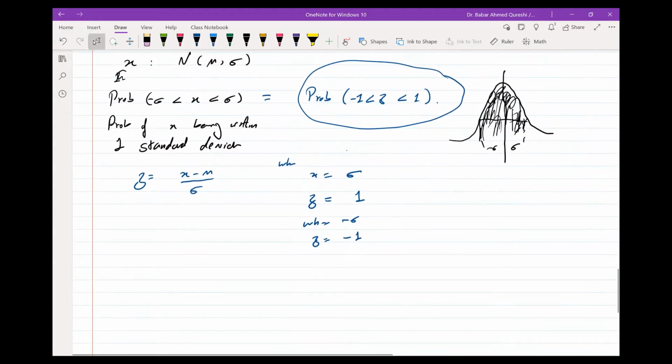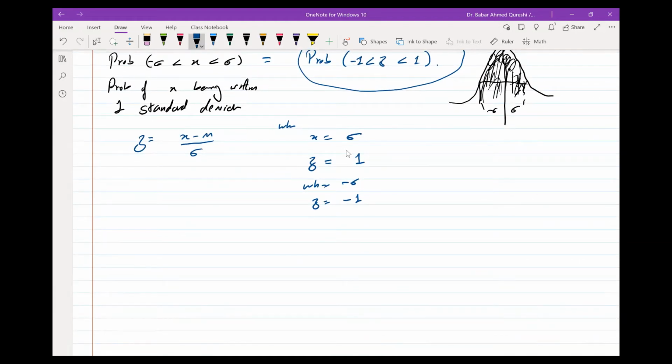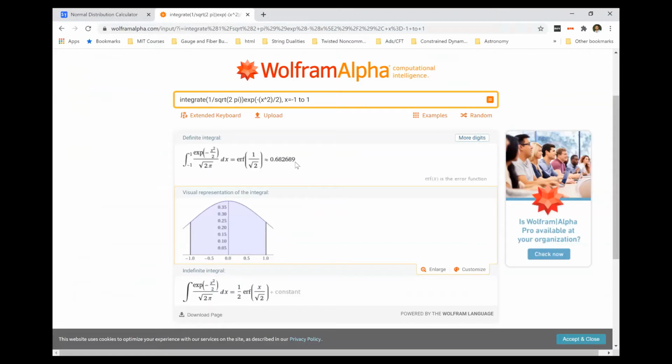Now this thing you can compute in many ways. I'm going to tell you a few ways. So this probability, how to compute it? One method is, you can go to, for example, the Wolfram Alpha website if you really wanted to compute the integral.